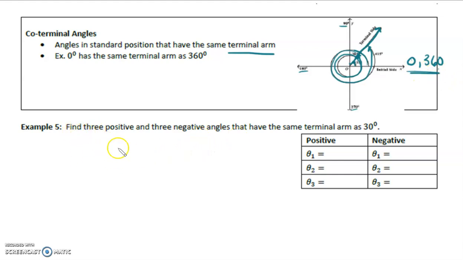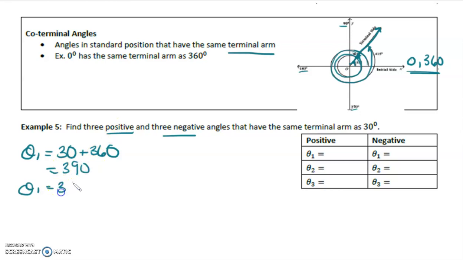Find 3 positive and 3 negative angles that have the same terminal arm as 30 degrees. All I'm going to do is take 30, and for the positive ones, I'm going to add 360. So what's 30 plus 360? It's 390. Then take our 390, because that's coterminal with 30, and add 360 again.